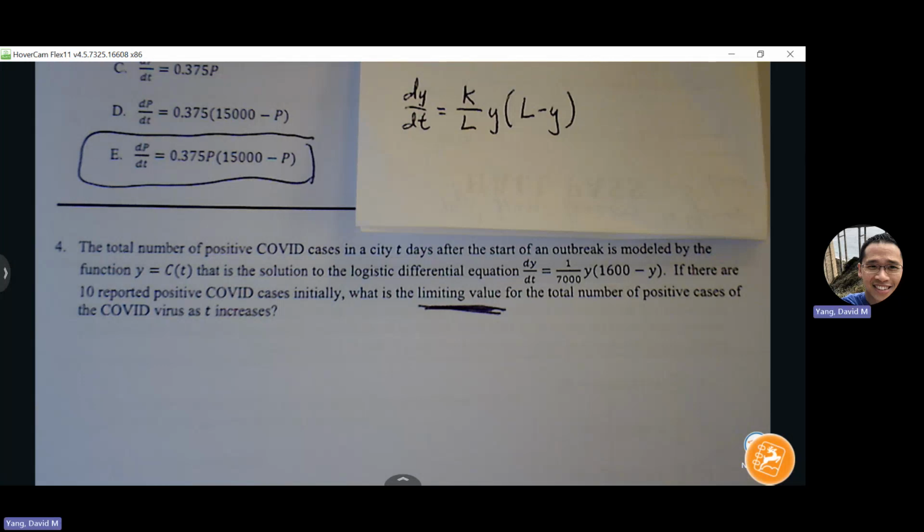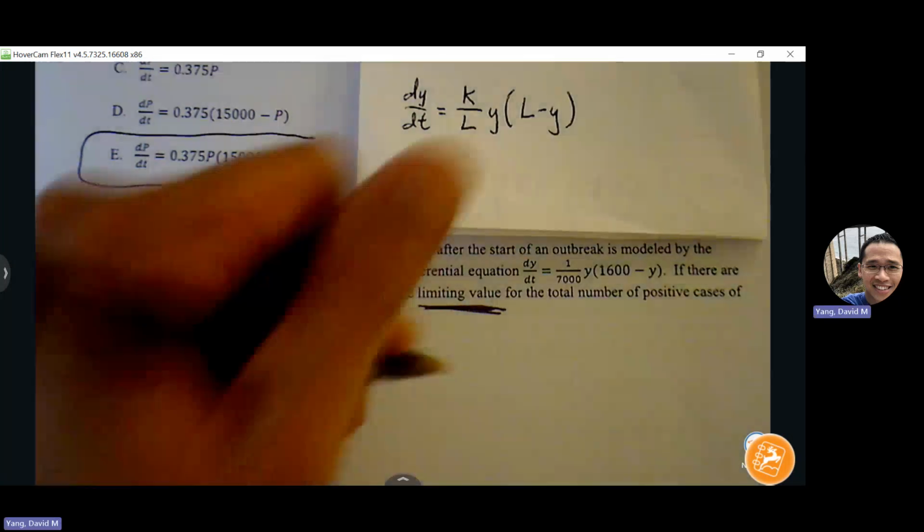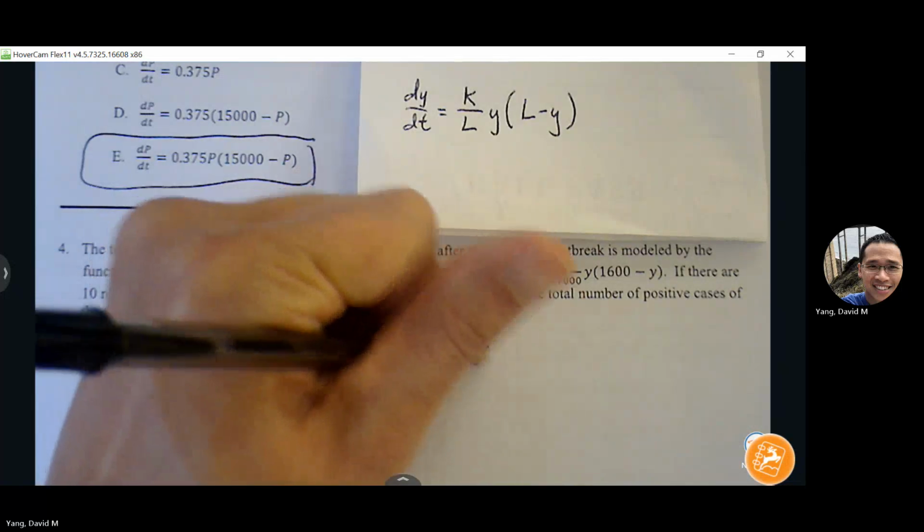What's our carrying capacity or our L value? Yep, that's it.